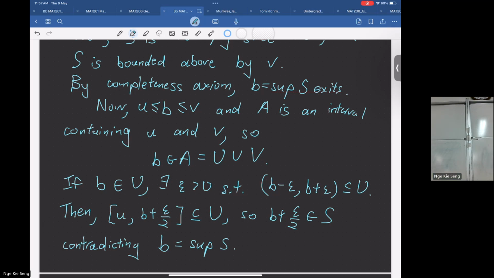Does it make sense? What's the problem? If you think it is too big, then you shrink it until you live inside A. Because A is an interval, that works. And because b is in A but not in U, it must be in V.